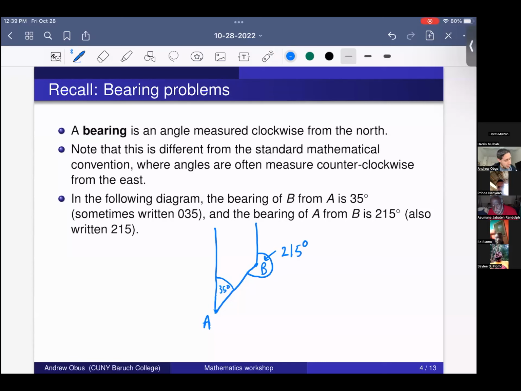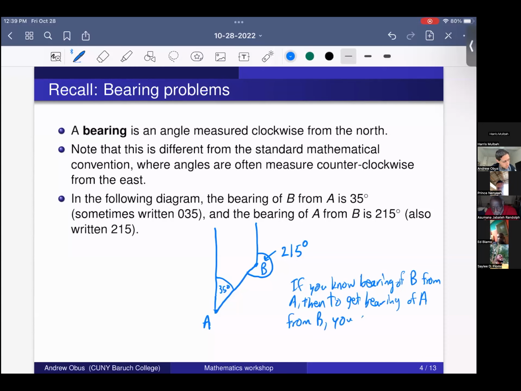And we saw last time that if you know the bearing of B from A, then to get the bearing of A from B, you subtract or add 180 degrees.